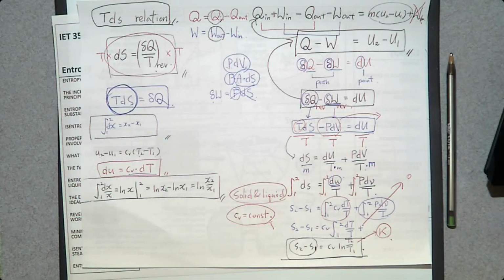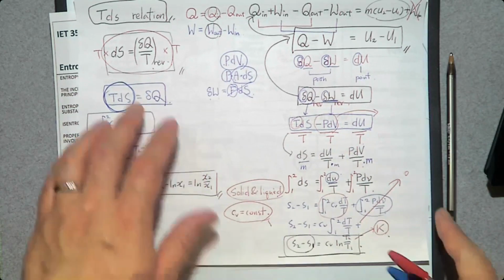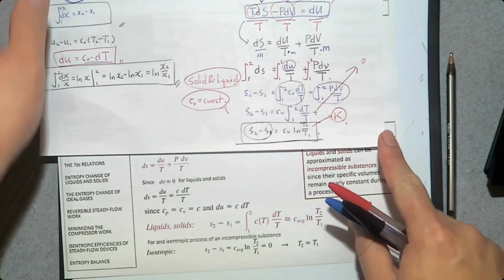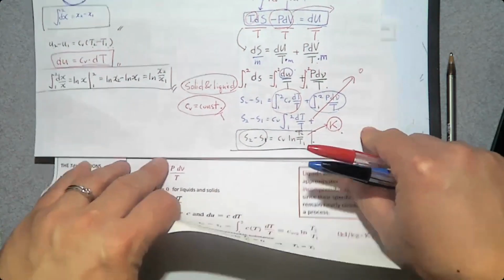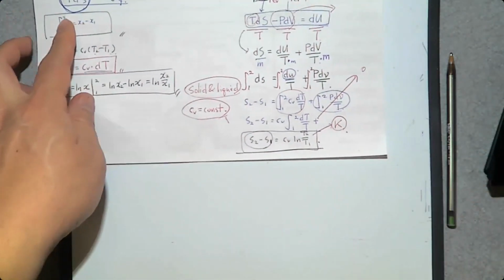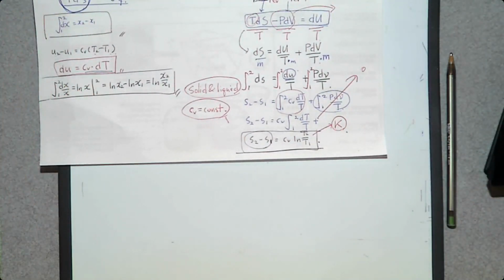As long as you know the initial temperature, the final temperature, and specific heat, you can determine entropy change S2 minus S1. They should be in Kelvin. T1 is the initial temperature, T2 is the final temperature.